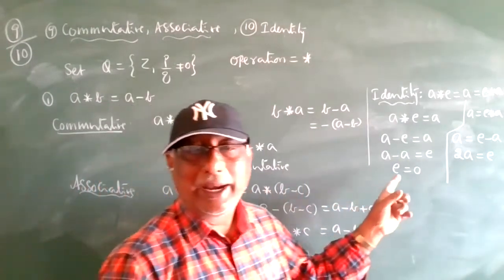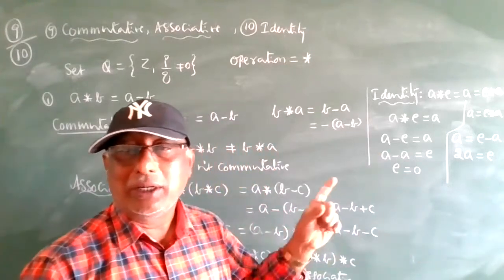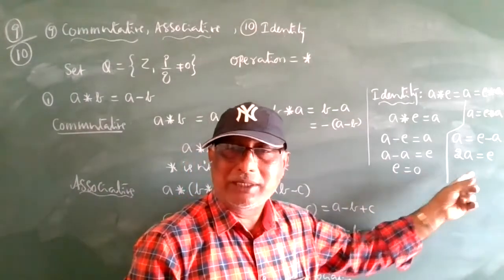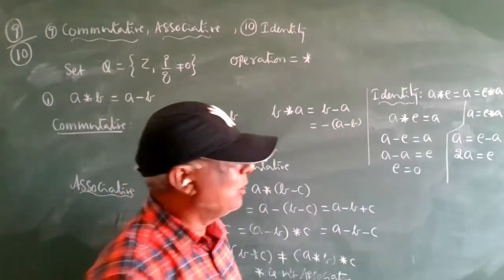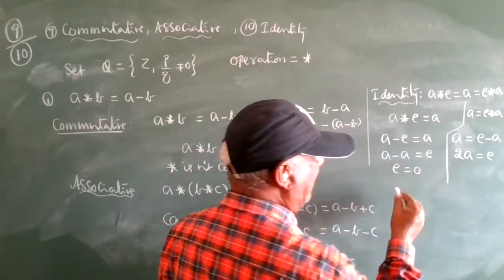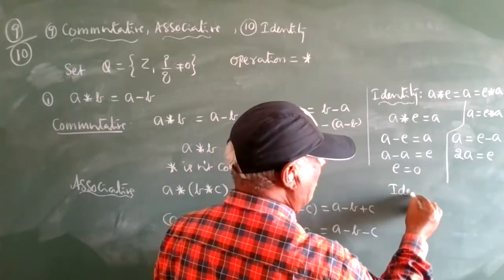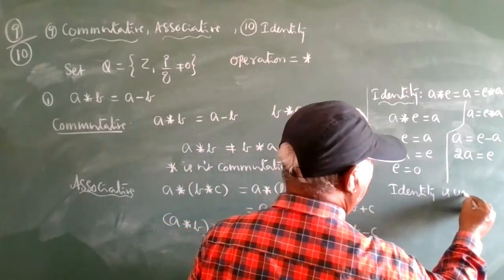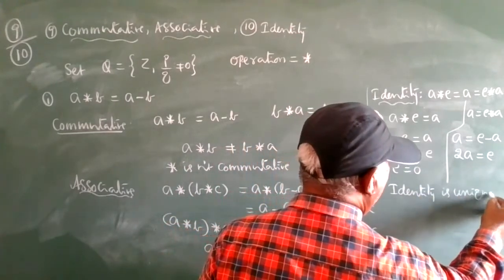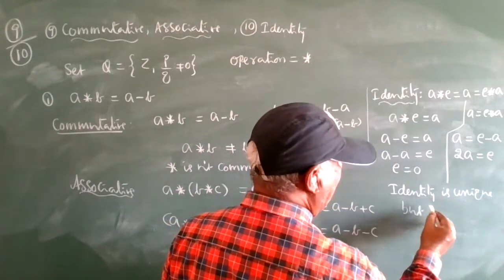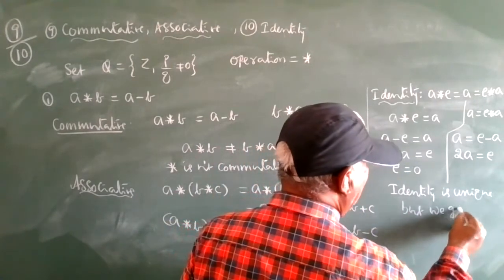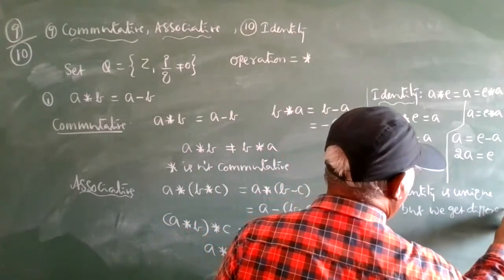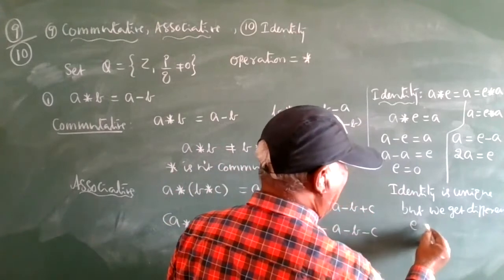Here 0 is getting, here 2A is getting. Identity is unique, but we get different identities, different E values.